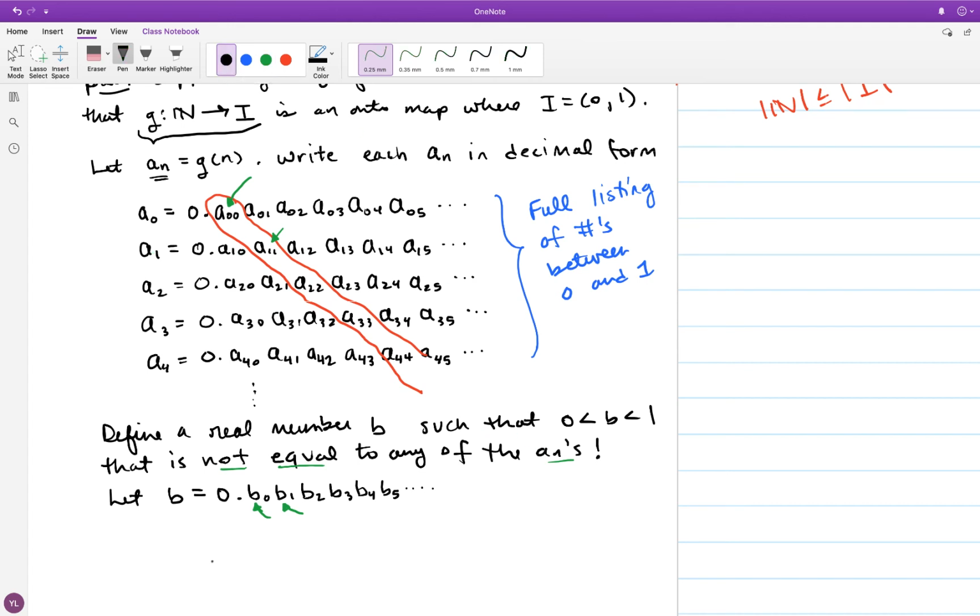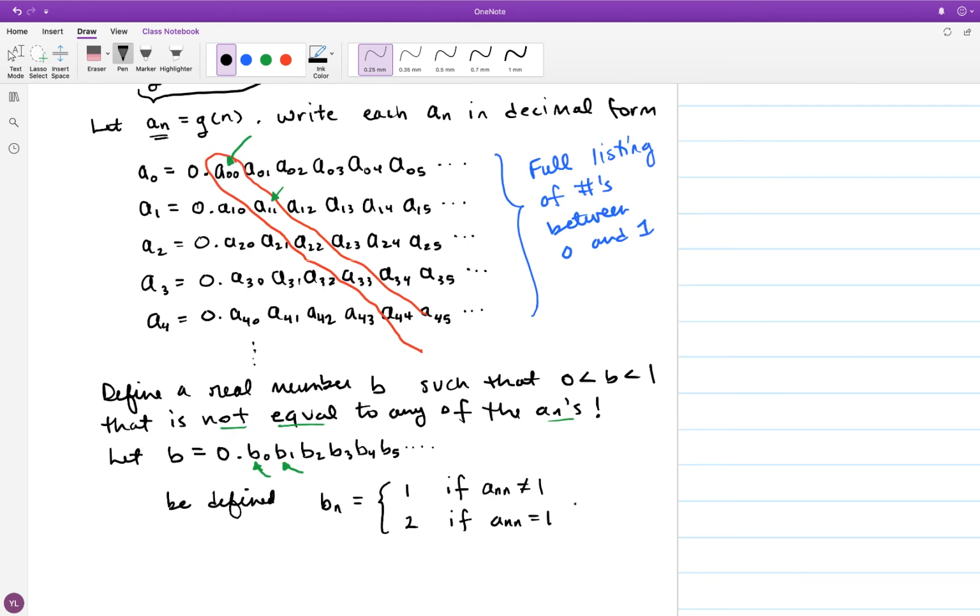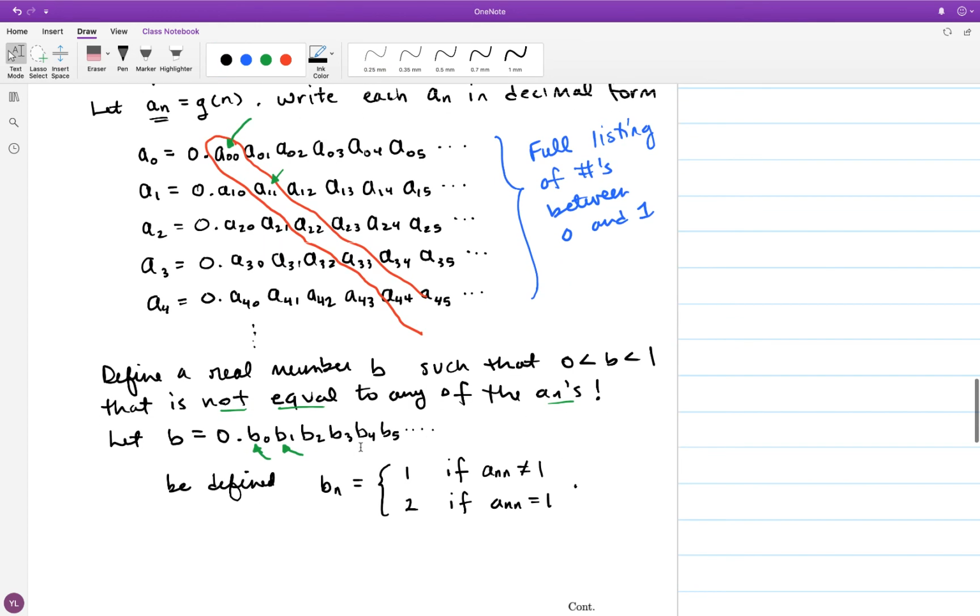So here's one way to get that done, like with one fell swoop. Okay, so this is just one option for how I can do this. As I traverse down the diagonal, I just ask myself a question. Is a00 equal to 1? Well, if so, then make b0 equal to 2. If not, if it's something else, like 6, then make b0 equal to 1.